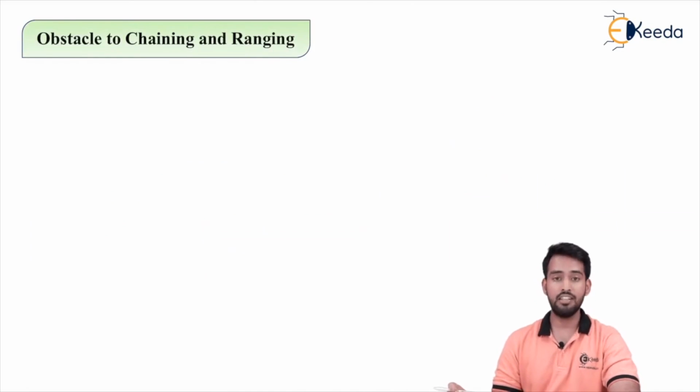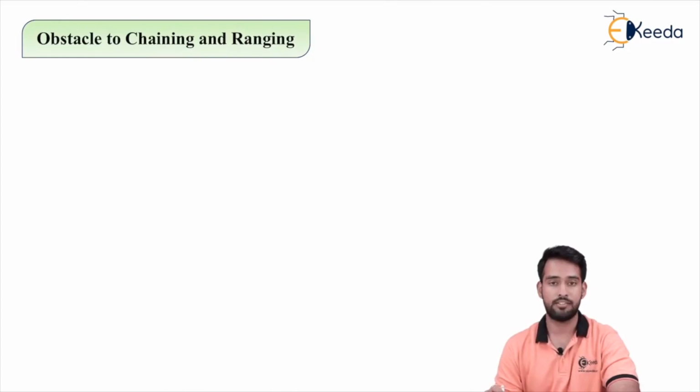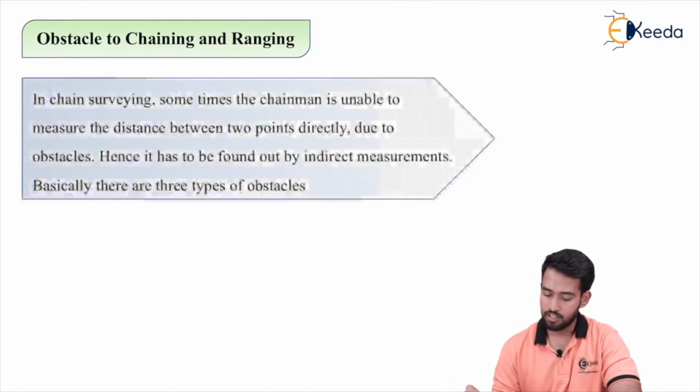Now we'll see what the obstacles to chaining and ranging are. Sometimes a chainman is not able to calculate the distance using the chain, or sometimes the error may be in ranging. We can't range the object on the other side properly because of some obstacles.